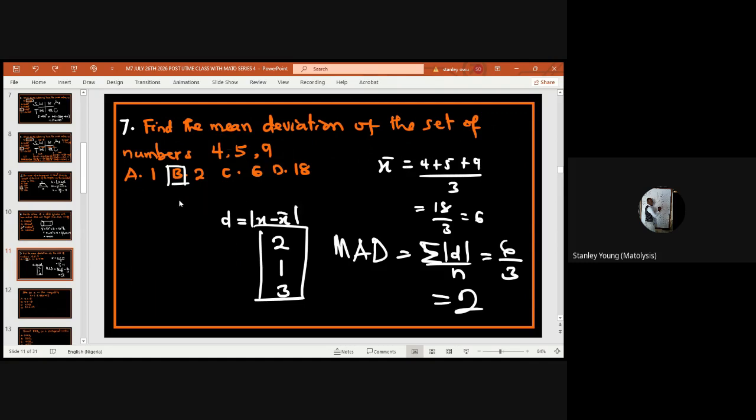It is rare, looking at values like that, for the mean absolute deviation to be around 1, because the smallest deviation here is 1 and the biggest deviation here is 4. I expect my value should be between 1 and 4. And this is outside that range, so I would have picked B.